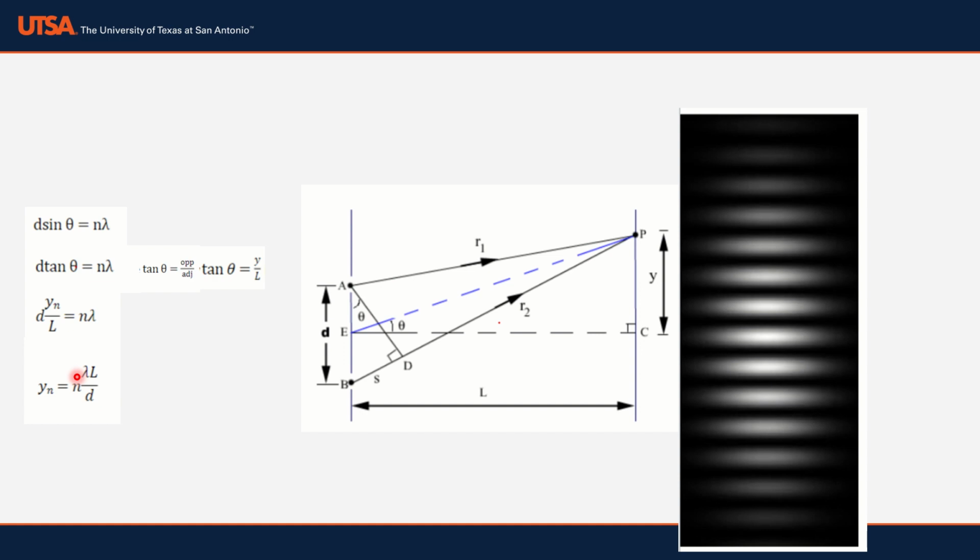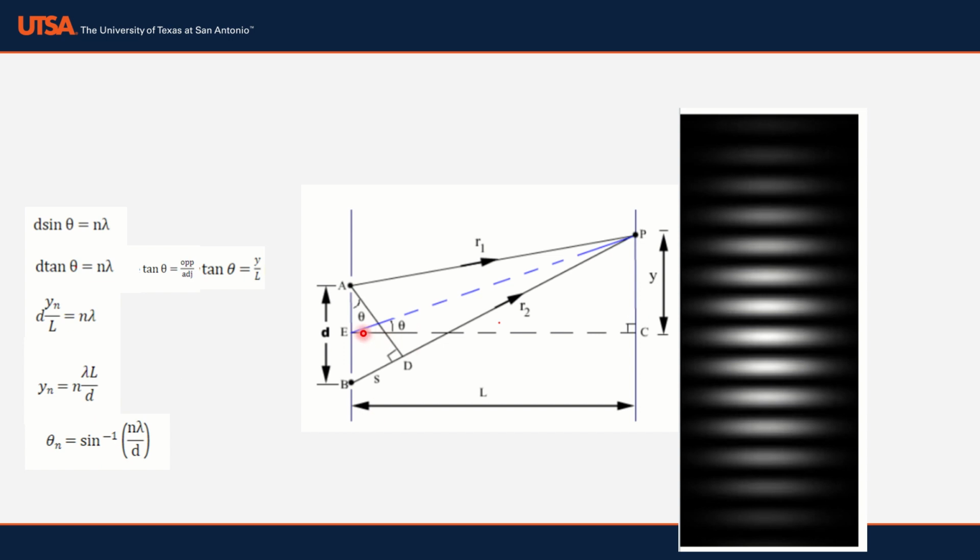Again, another thing that could be useful to know, and I'm not going to go through it, is what the angles are, right? So for example, you might not want to know what position it is in the y direction. You might want to use theta. So you might want to say, okay, at theta 15 degrees, we're going to have this bright spot here. So this is the equation that expresses the angle.